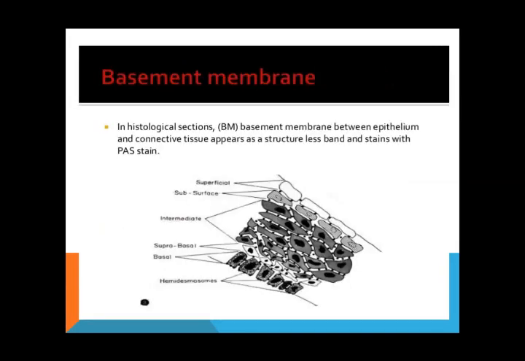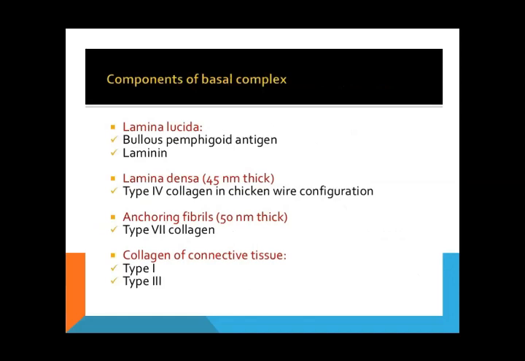Basement membrane in histological sections: the basement membrane between epithelium and connective tissue appears structureless and stains with PAS. Components of the basal complex: number one is the lamina lucida, which contains bullous pemphigoid antigen.